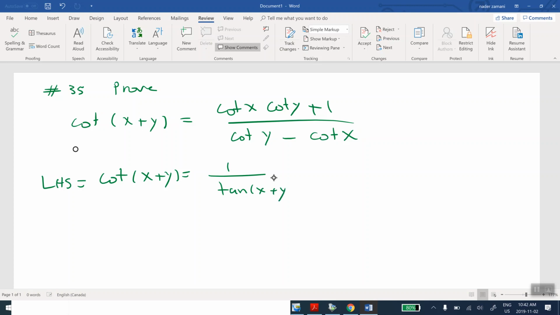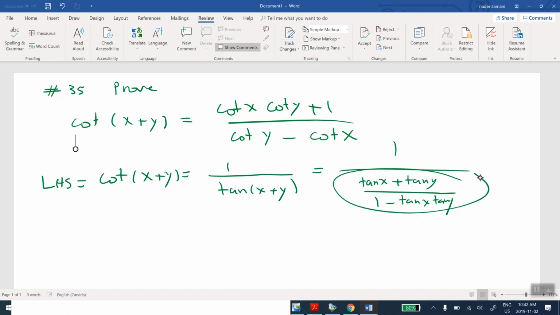The reason I do this is that the formulas in this section do not say anything about cotangent, but they do say stuff about tangent. So this is equal to 1 over (tangent x plus tangent y) divided by (1 minus tangent x tangent y). This is coming directly from the formula in the book.